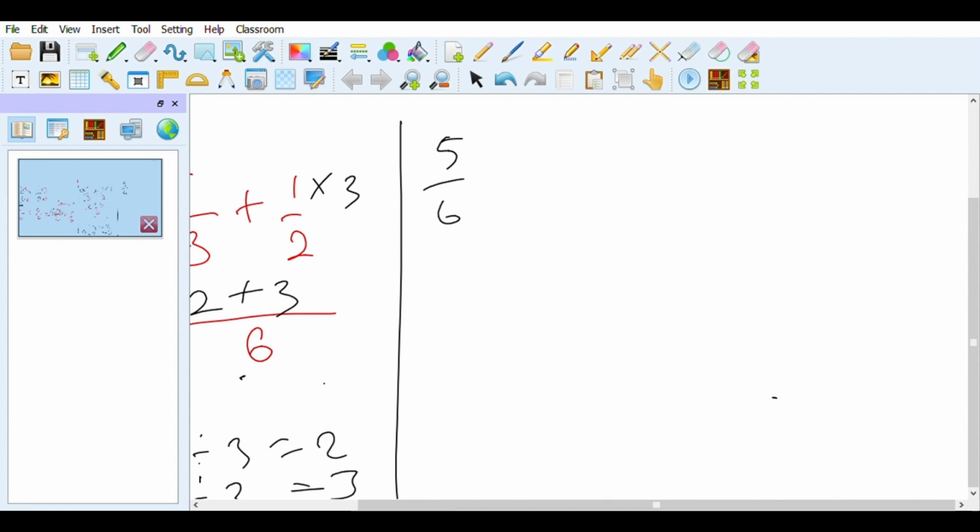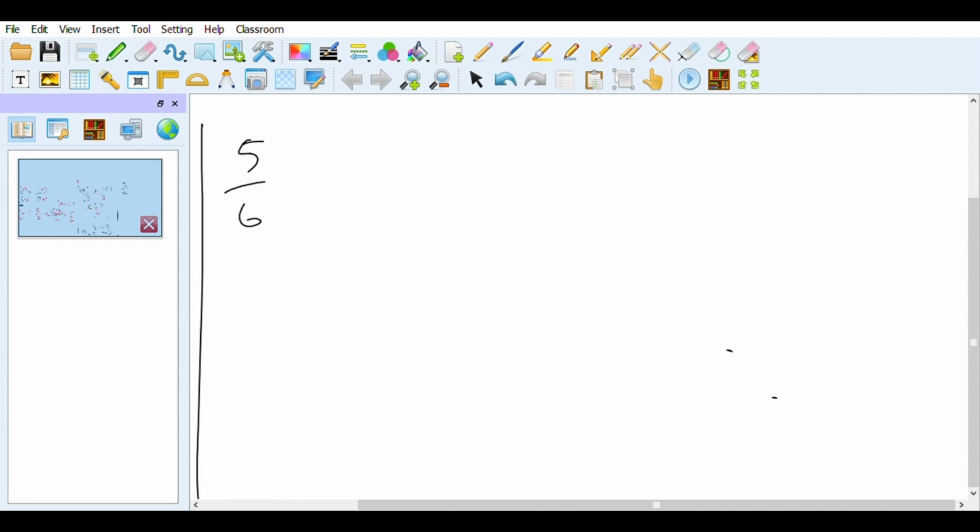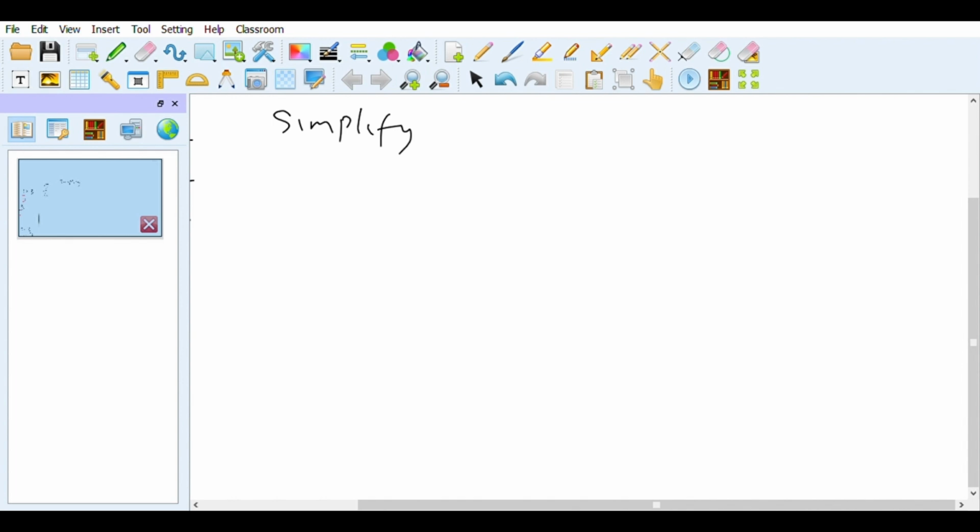In this example, it says simplify 10 whole number 2 over 5 minus 6 whole number 2 over 3 plus 3. Okay, so we are to simplify this.